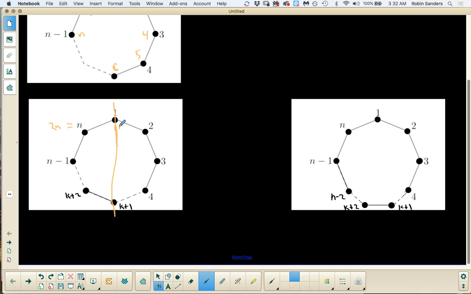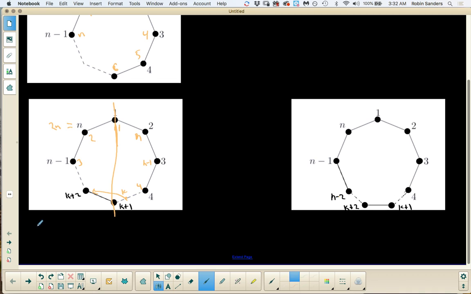And so 1 goes to 1, and 2 and n switch places, and 3 and n minus 1 switch places, and 4 and n minus 2 switch places, and we finally wind up with k switching places with k plus 2.